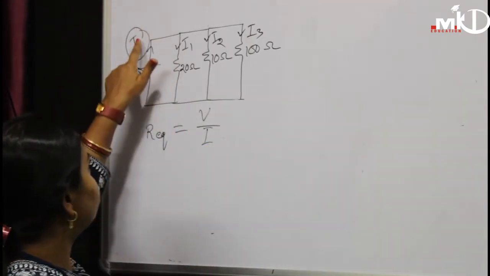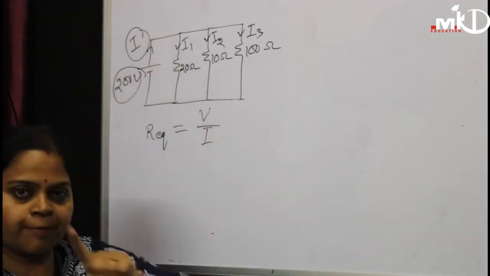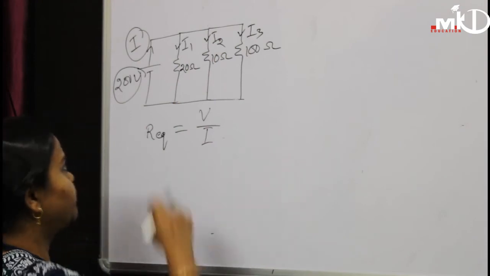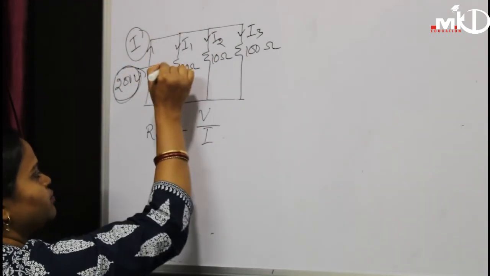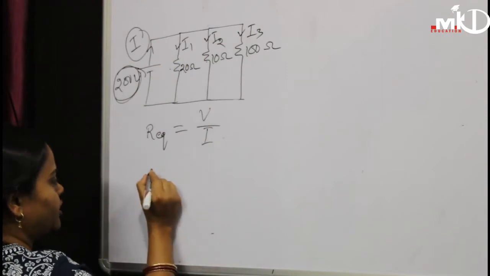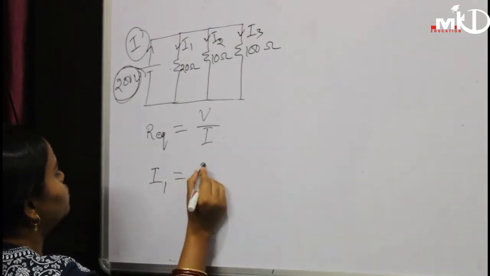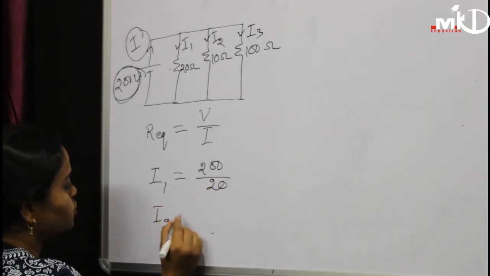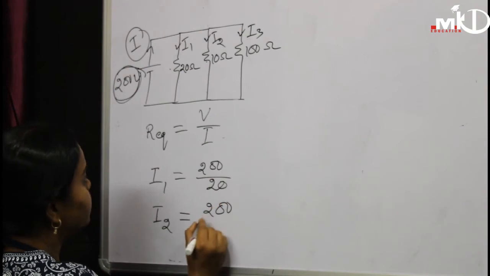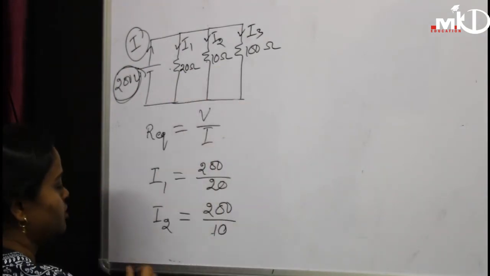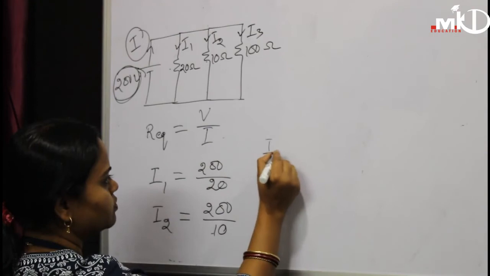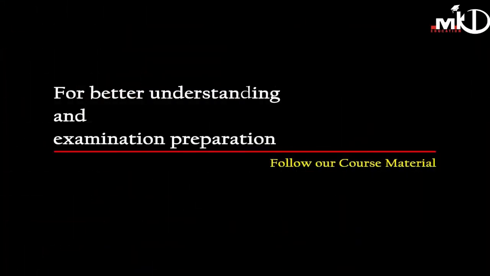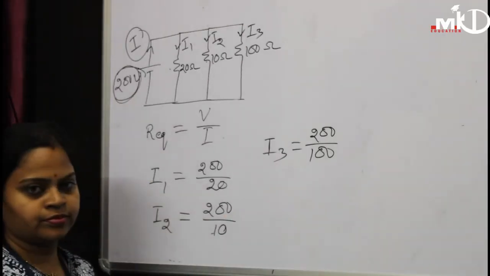So to find out this I, I have to find out I1, I2 and I3. This is a parallel circuit, so voltage is the same throughout all the branches. So I can write here I1 is equal to 200 by 20, I2 is equal to 200 by 10, and the value of I3 is equal to 200 by 100.